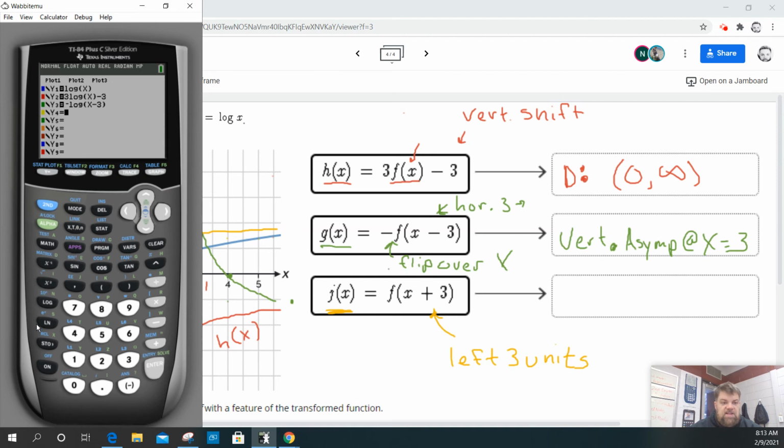So now I'm just going to say log of x plus 3 in the parentheses, which is a horizontal shift. So there's my parent function f of x.